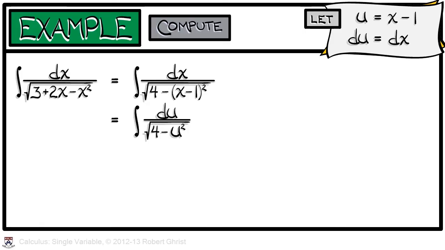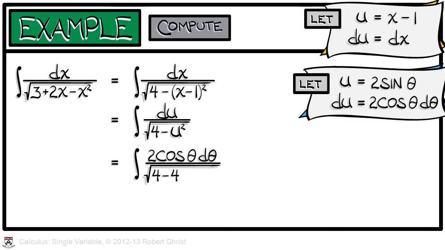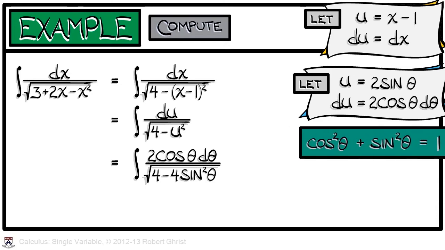And now the appropriate trigonometric substitution reveals itself. If we let u be 2 sine theta, then substituting in 2 cosine theta d theta for du and performing a little bit of simplification yields a nice integral.